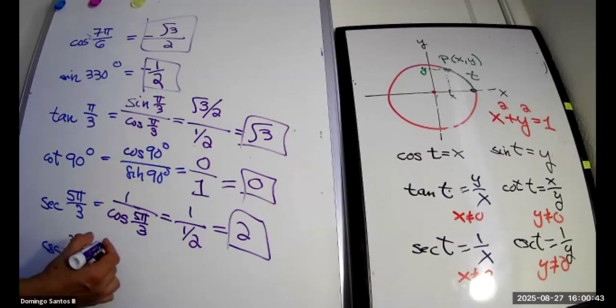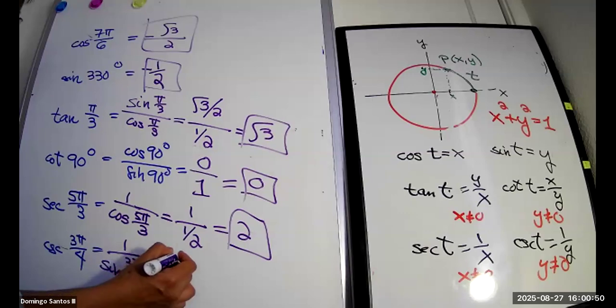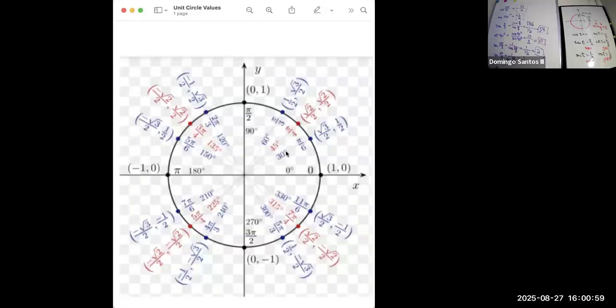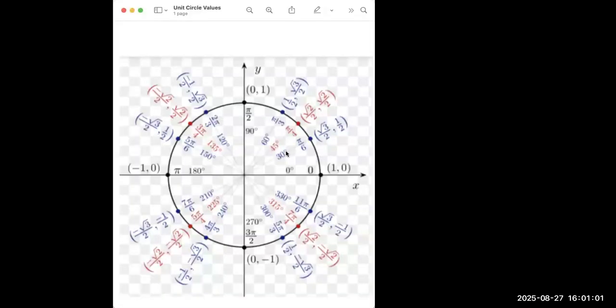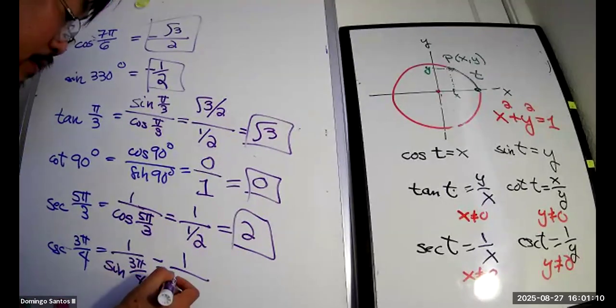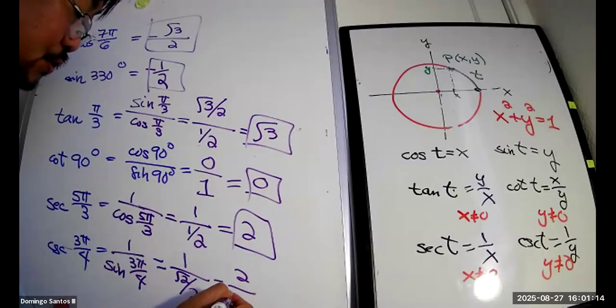Okay, cosecant will be 1 over sine. 3 pi over 4. Therefore, that's 1 over sine 3 pi over 4. Let me try. Where is that? 3 pi over 4. Okay, it's just square root of 2 over 2. This one, right? Sine will be the y value. So 1 over root 2 over 2 will just be 2 over root 2.